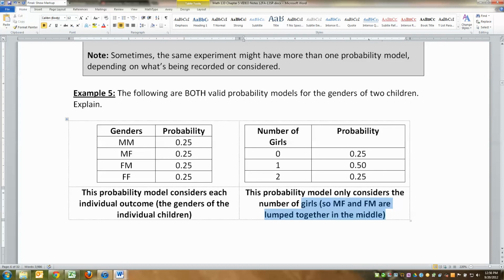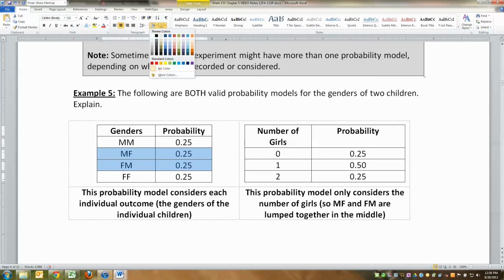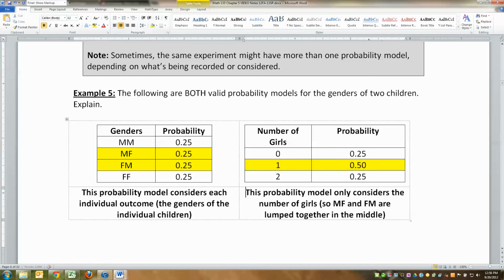This probability model is based off the same tree diagram, but I only care about the number of girls. So what that means is the male, female, and female, male get lumped together in the middle there. These 2 right here get turned into that one right there. And then male, male is right here, I'll make it orange, because if you have male, male, you have 0 girls, right?